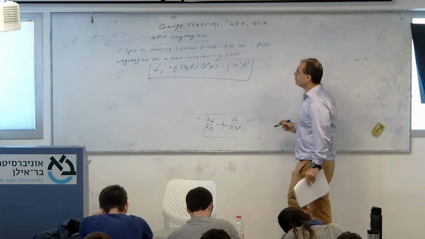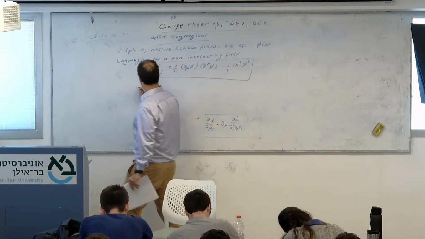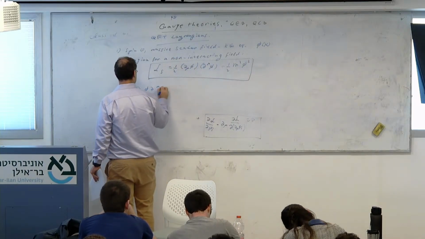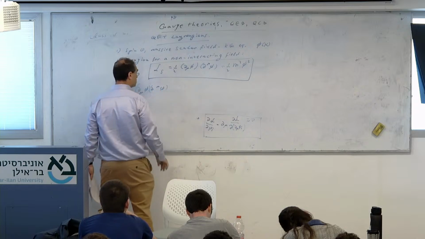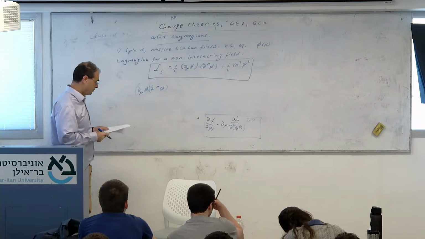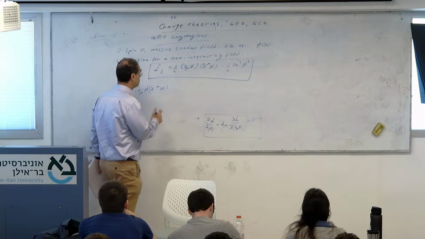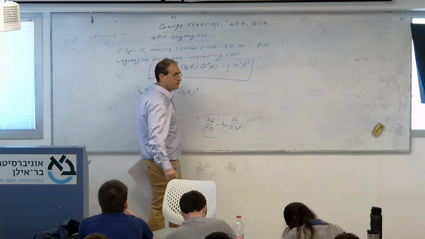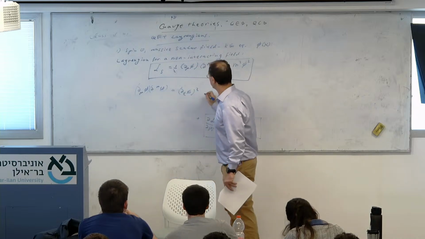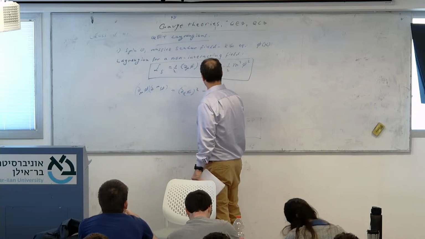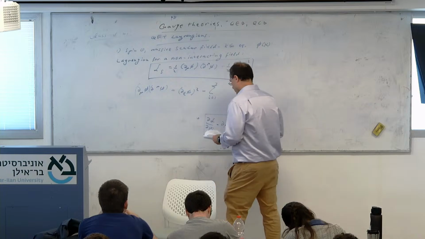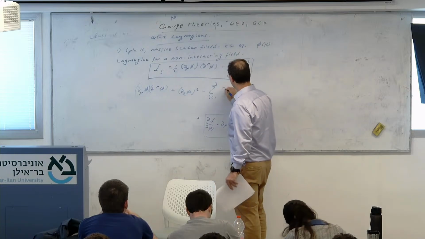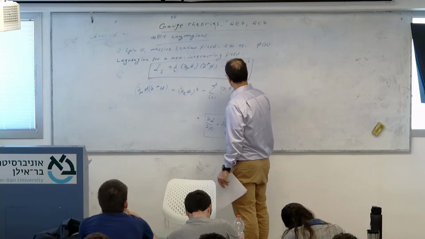What is d mu phi? It's dt phi and minus the sum over i equal 1 to 3 of di phi squared.